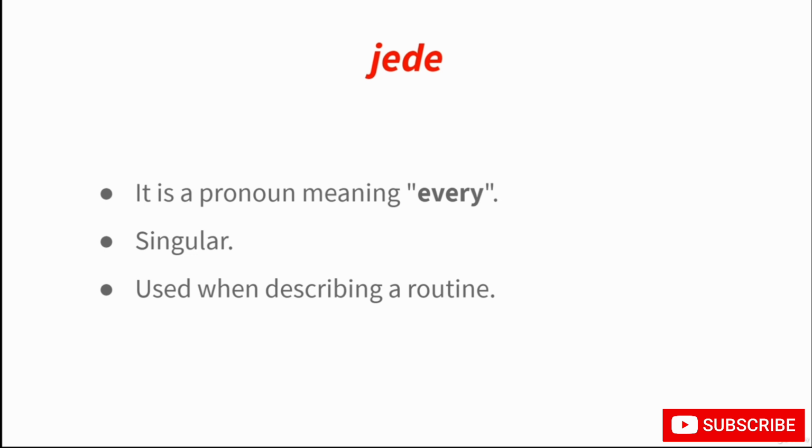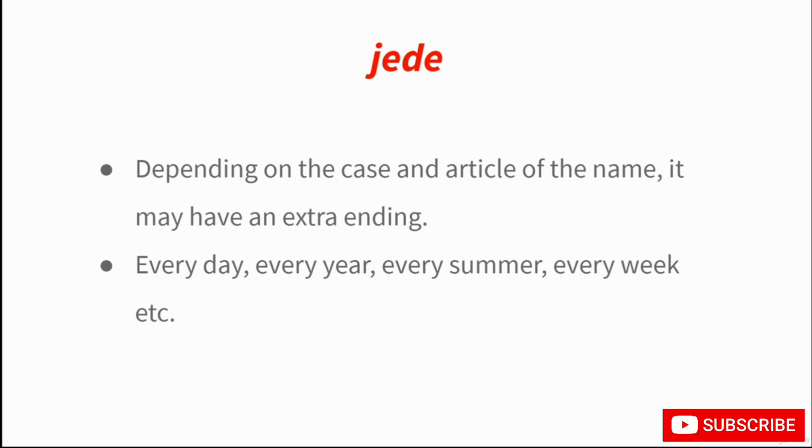It is used when we describe a routine. Depending on the case and the article of the noun, it may have an extra ending. For example, if the noun has a der article and it's in accusative case, then jeden must be used. It is generally used to say every day, every year, every summer, or every week.